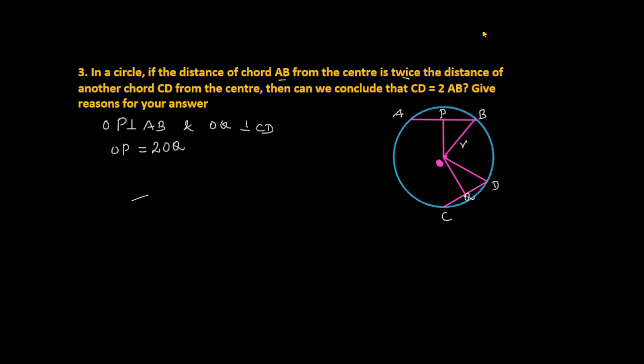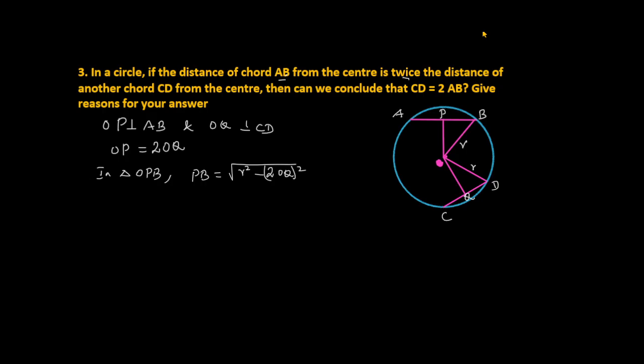Then OB is the radius, OD is the radius. Let's check the ratio, then we can conclude. In triangle OPB, the length of PB is equal to the square root of R squared minus twice OQ squared.